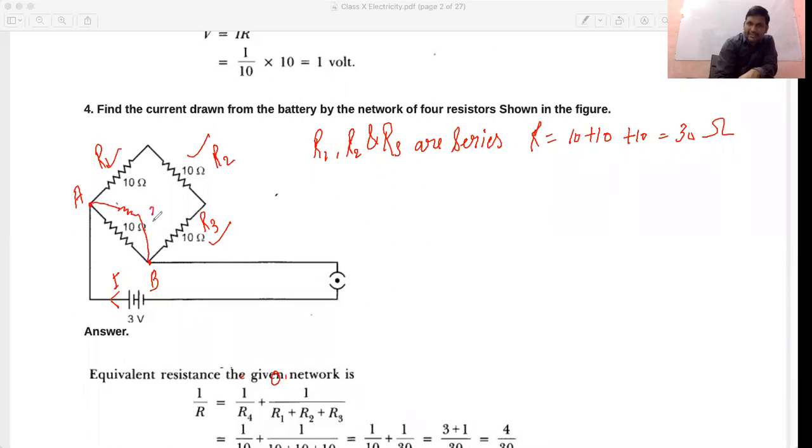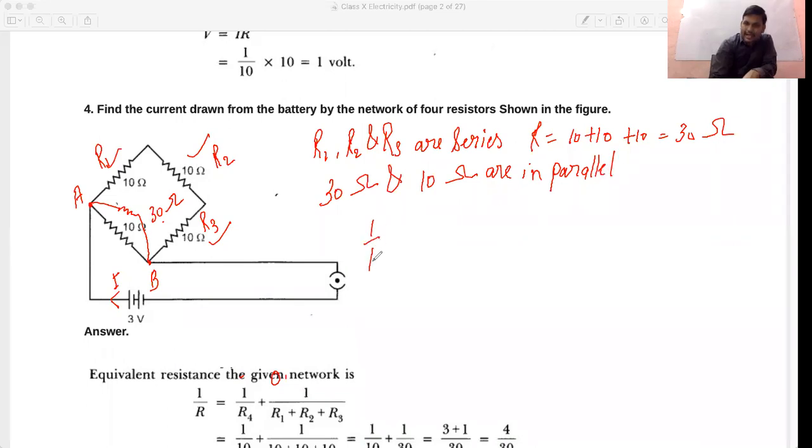This has a 30 ohm in parallel, and now you can remove these. Now 30 and 10 are in parallel, so the 30 ohm and the 10 ohm, R4, are in parallel.